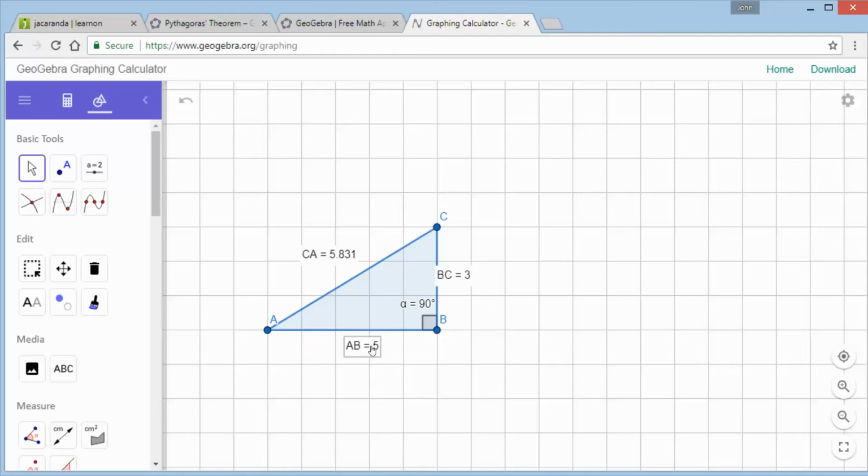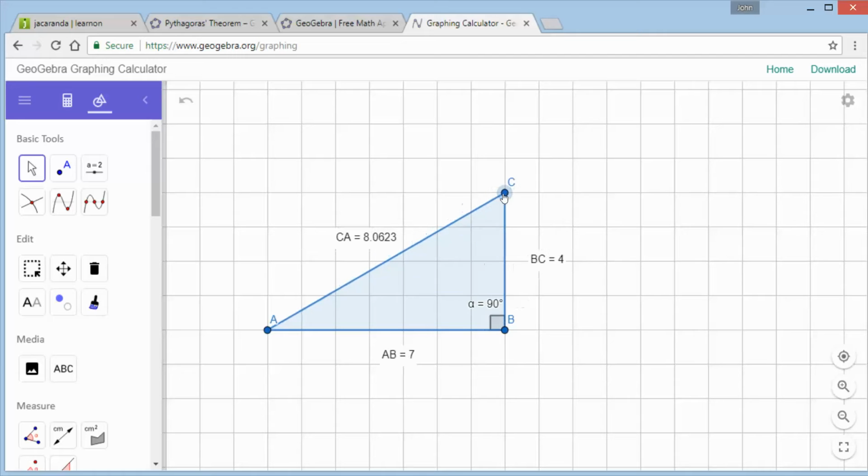Now one thing you should notice about a right angle triangle, I'll just move these lengths out, is that the side opposite the right angle, here AC, is always the longest side. So let's check that. I'll drag this point out, make this a bit longer.